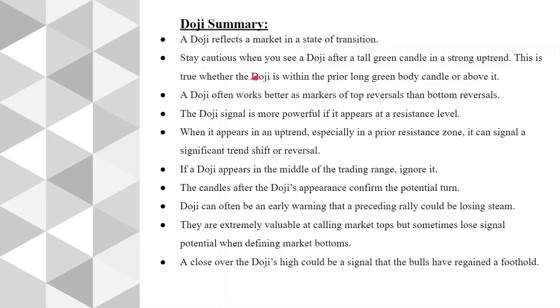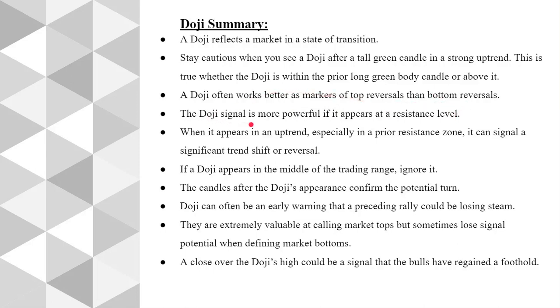You should stay cautious when you see a doji after a tall green candle in a strong uptrend. This is true whether the doji is within the prior long green body candle or above it. A doji often works better as a marker of top reversals than bottom reversals.